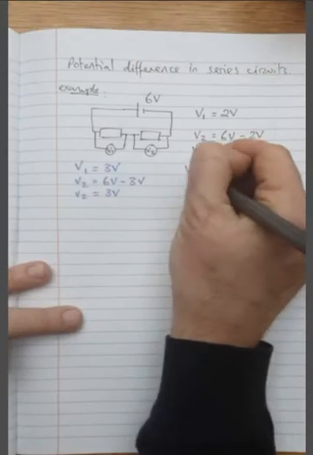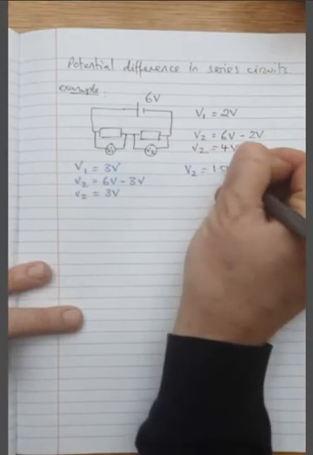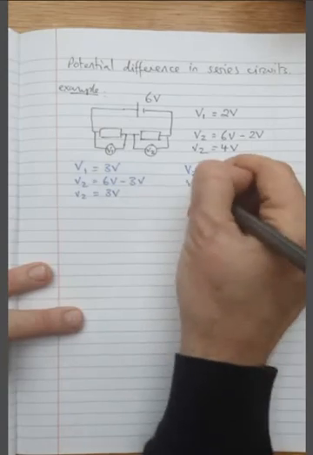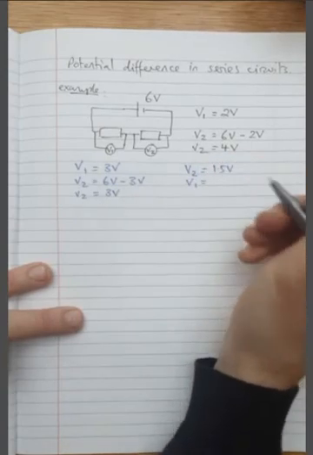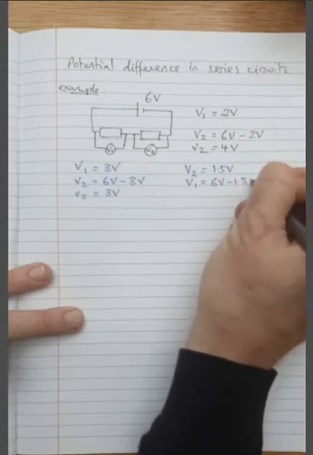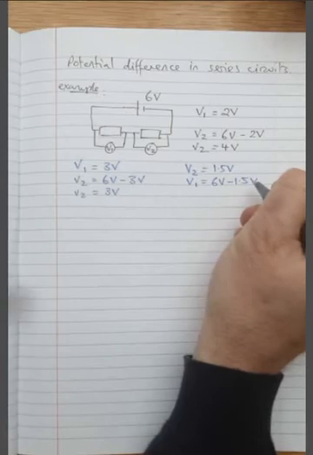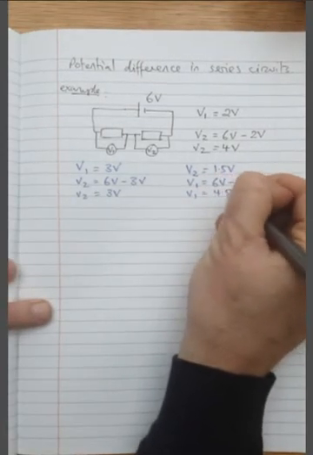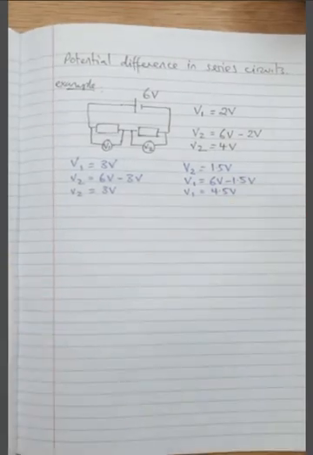What about if V2 equaled 1.5 volts? Well, this time we're finding out V1. We know that again it's 6 volts minus 1.5 volts, so V1 this time would equal 4.5 volts.